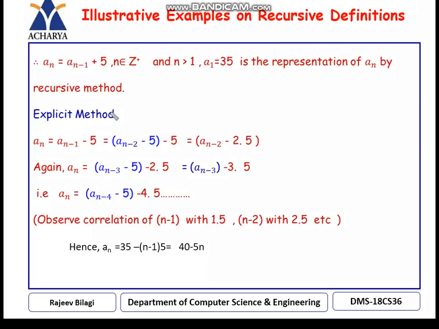Continuing like this, an is equal to an minus 1 minus 5, where a1 is represented by 35, where n is greater than 1.